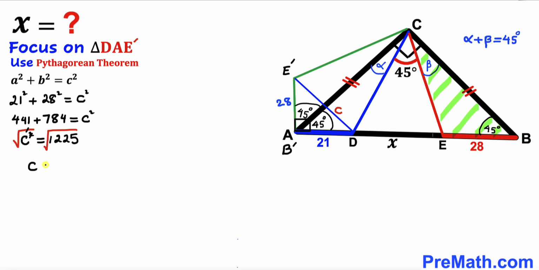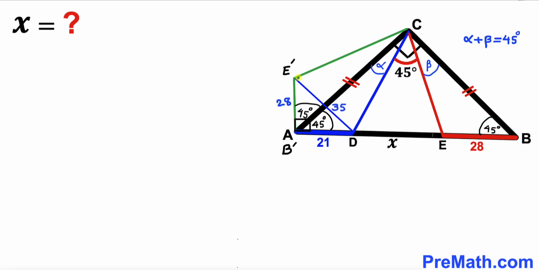Therefore, our length c turns out to be 35 units. This side c is the same as this side DE prime. That means this DE prime turns out to be 35 units.